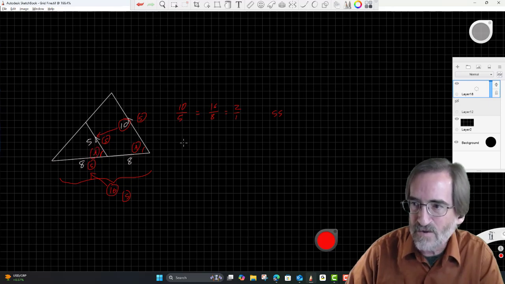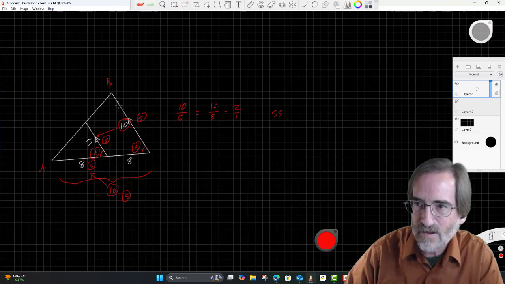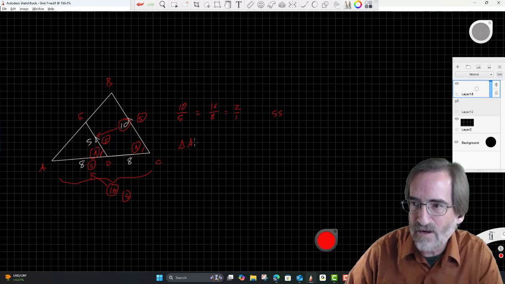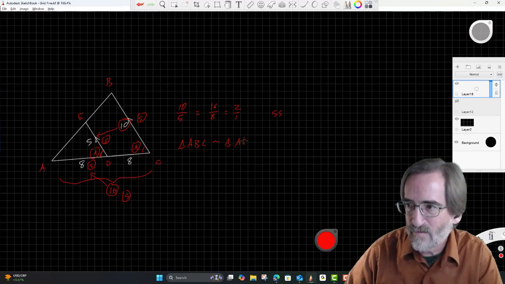So these triangles are similar. Let's label this A, B, C, D, E. I would say triangle ABC is similar to triangle AED. Make sure the corresponding parts line up, by side, angle, side similarity.